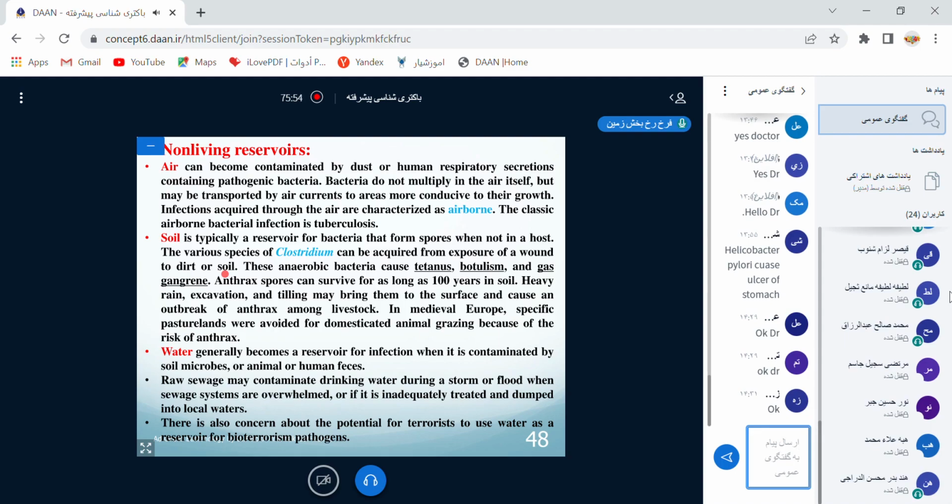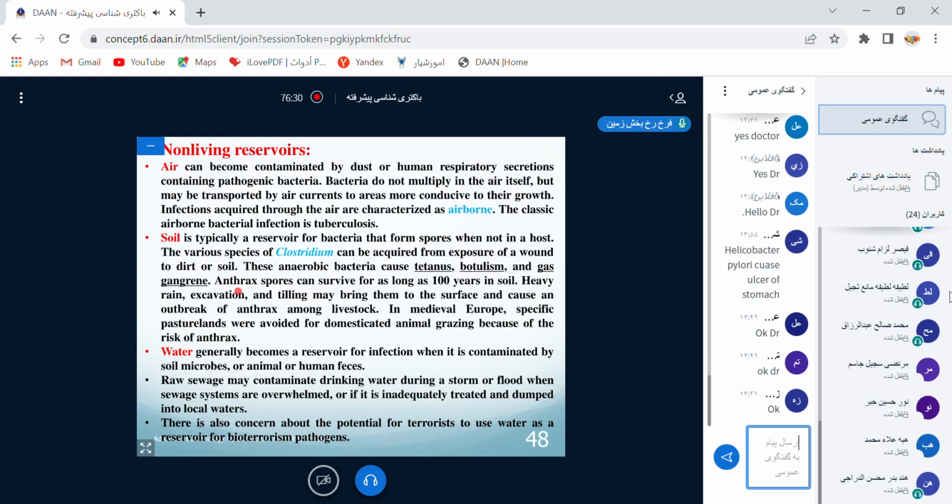Why? Because some dangerous pathogens are present in the soil, and if they penetrate to your blood, it can be life-threatening. Soil is a non-living reservoir for many pathogens. These anaerobic bacteria cause tetanus, botulism, and gas gangrene.